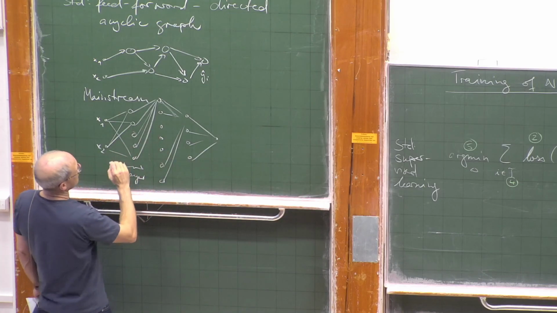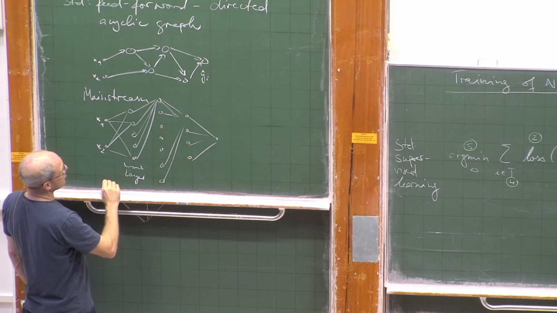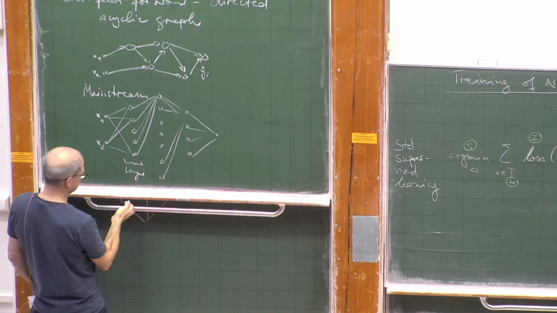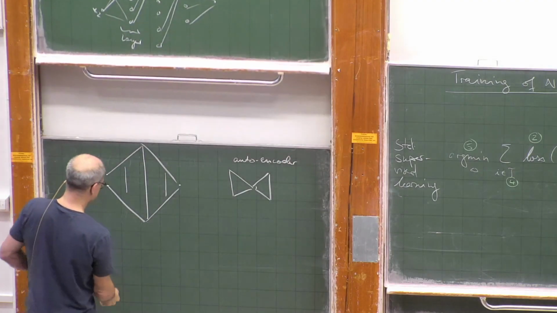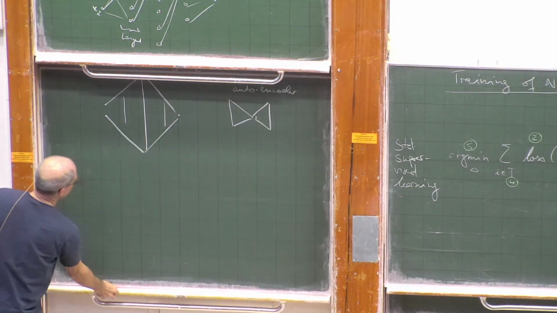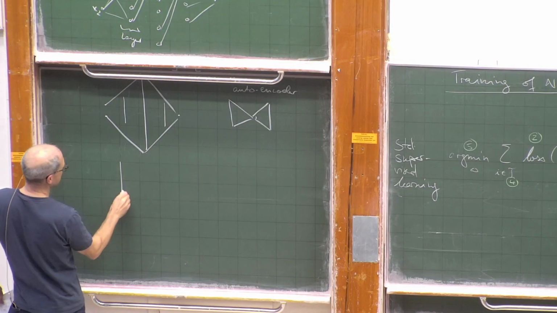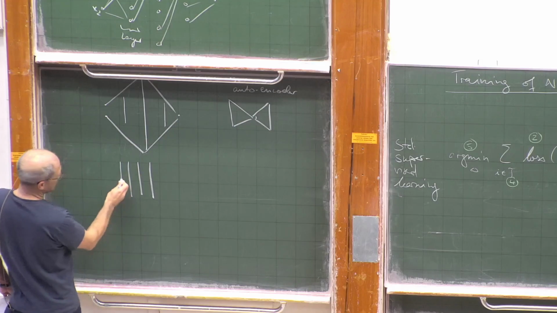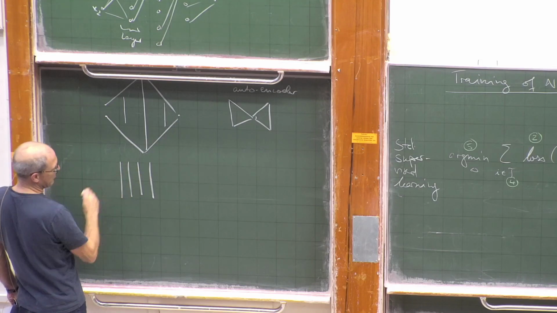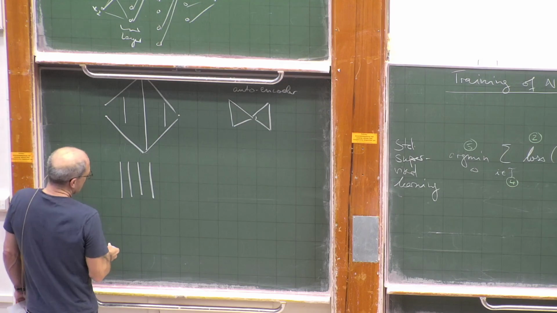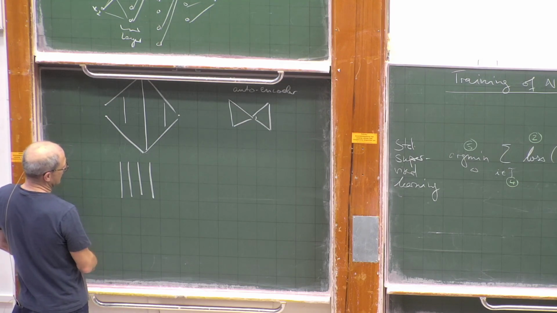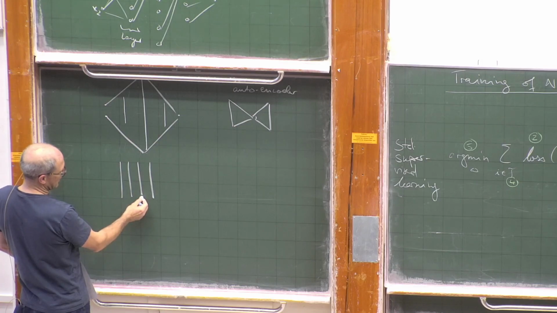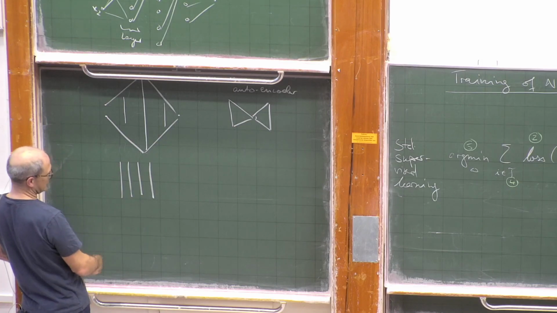So we could, for example, if we have a couple of layers of the same width, then what I've drawn so far was that each layer maps only to the next one. And what one can also say is that neurons from one layer are allowed to bypass their neighbor.